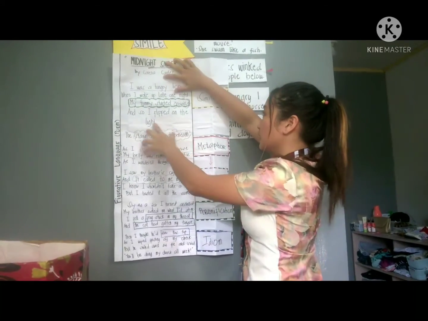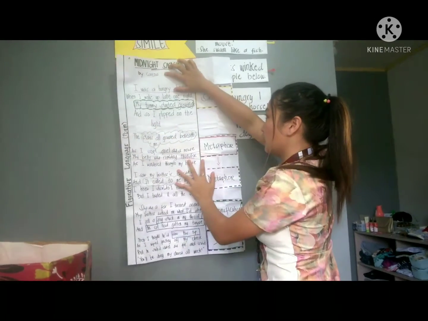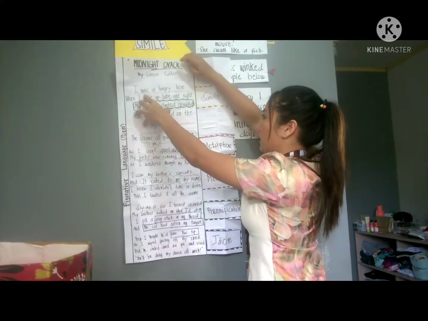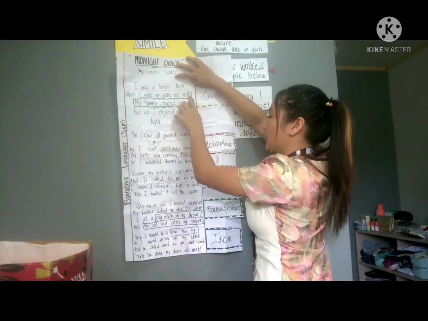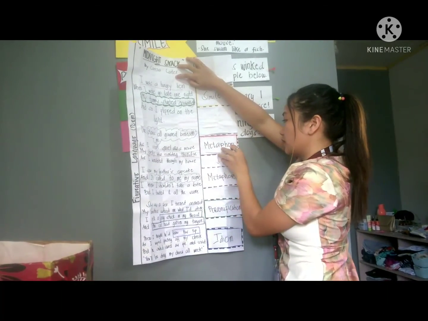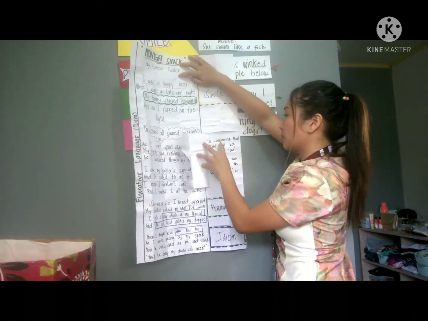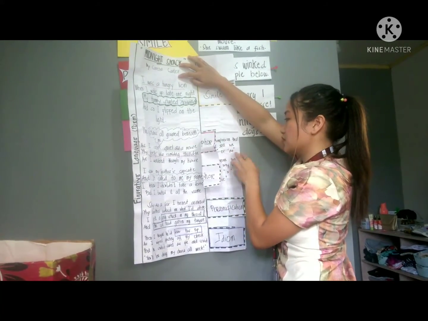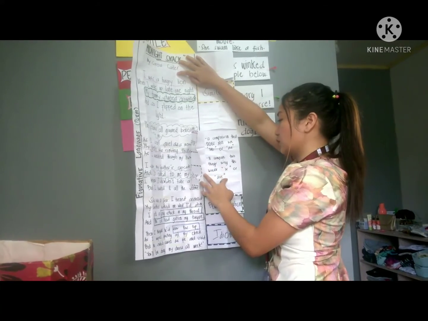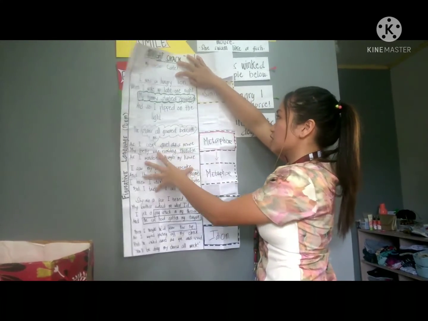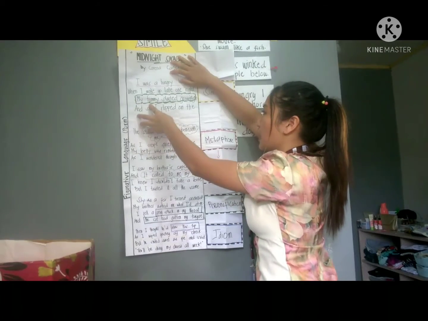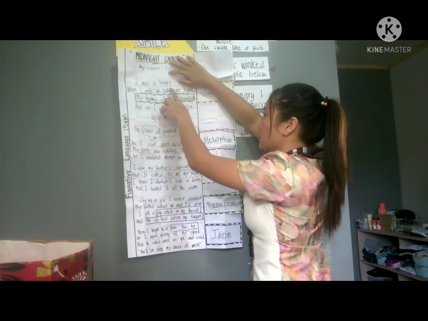So this is the example of a poem that has figurative language. We have here, "I was a hungry lion." This is recognized as a metaphor, because a metaphor is a comparison that does not use like or as. It compares two things using the word is or are. So this is considered a metaphor. We have here, "my tummy started growling."